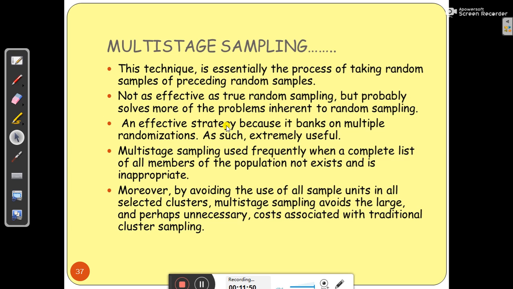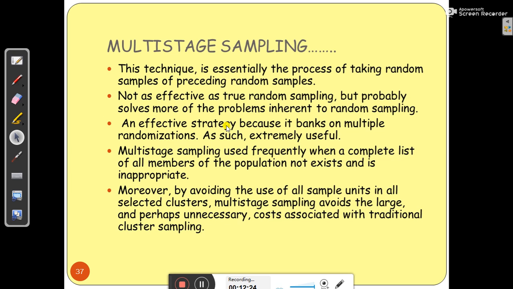So actually this process of multi-stage sampling creates more randomness than the simple random technique. So that is why it might be extremely useful in some cases. Multi-stage sampling is used frequently when a complete list of all members of the population does not exist initially, or might be the list is inappropriate.